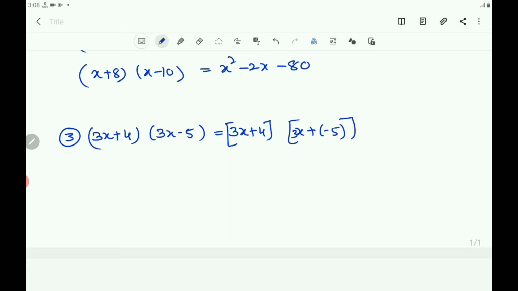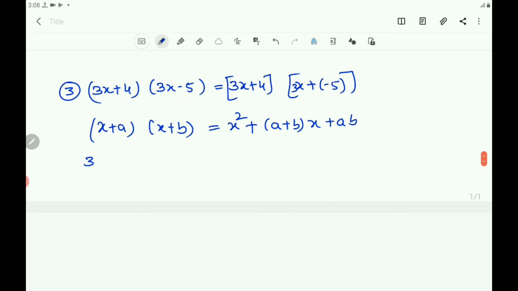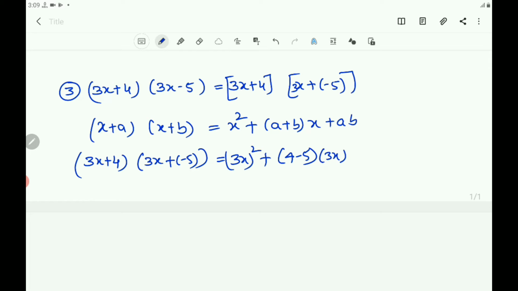Then you write the identity (x + a)(x + b) equals the square of the first term, x square, plus (a + b)x plus ab. Then (3x + 4)(3x + (-5)) equals the square of the first term, that is (3x) whole square, plus a. The a is 4 here, the second term of the first expression, and b is minus 5, times x, which is 3x, plus ab.